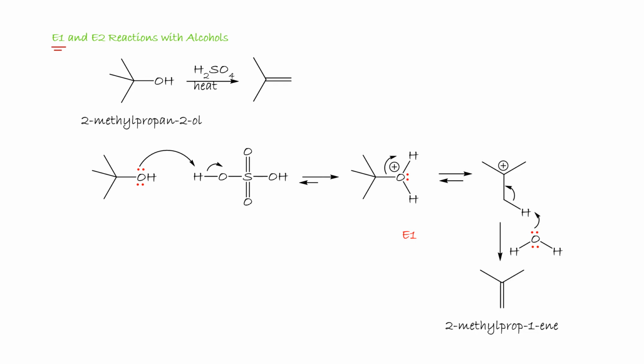Elimination, E1 and E2 reactions with alcohol. Reacting 2-methylpropan-2-ol with sulfuric acid leads to elimination of water to form an alkene, isobutene. The first step is protonation.